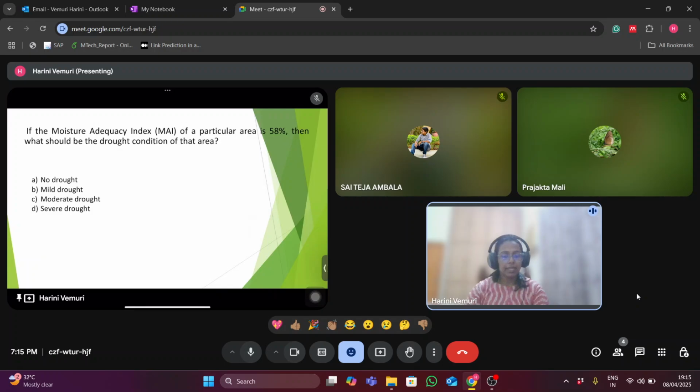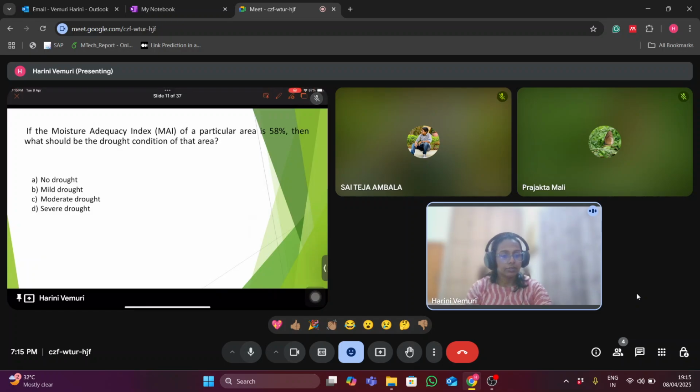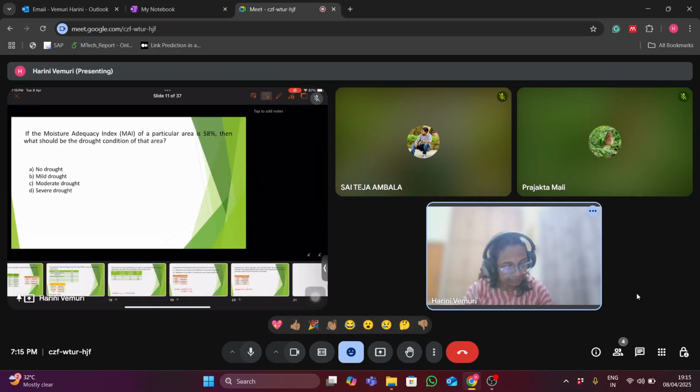If the MAI, soil moisture adequacy index, of a particular area is 58%, then what should be the drought condition of the area? For this, let's look into the table related to MAI.